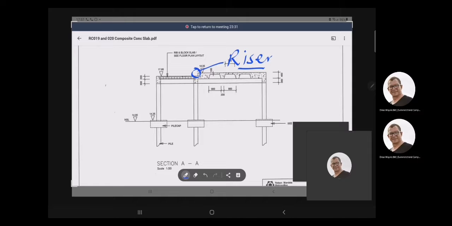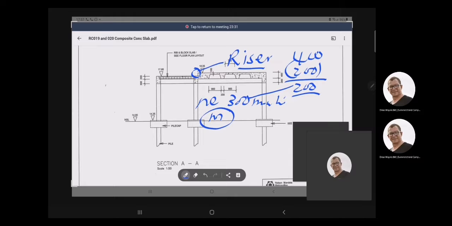And the thickness of that there would be 400, deduct 200, and I'm left with a riser of 200 high. So that being 200 high, it falls in the category of not exceeding 300 millimeters high, and therefore it will be measured in meters. That's all according to the standard system. So I then say smooth formwork to riser not exceeding 300 millimeters high, and then that length of mine would be 9 meters long.